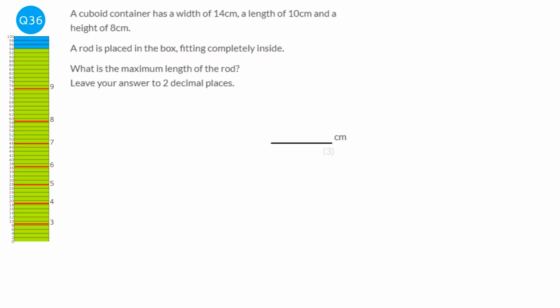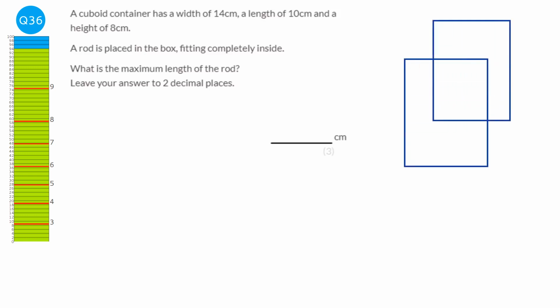Okay, so we're going to start by creating a cuboid, just so we can kind of visualize what's going on a little bit easier. And so the lengths on the cuboid, it says, are 14, 10 and 8. Doesn't matter which way around.